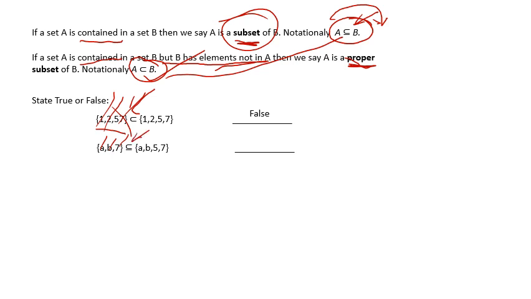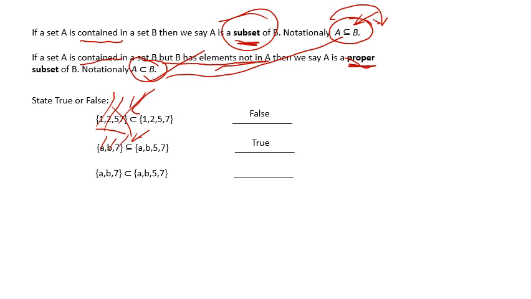And the answer is true. I will note, it is a proper subset. That is correct. But it also is a subset. We only have one statement we have to satisfy for a subset, and it did. Everything on the left is on the right.